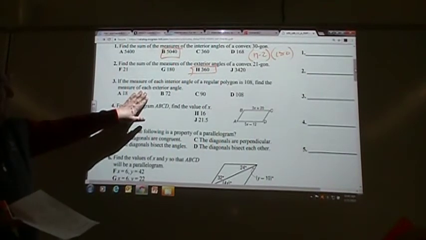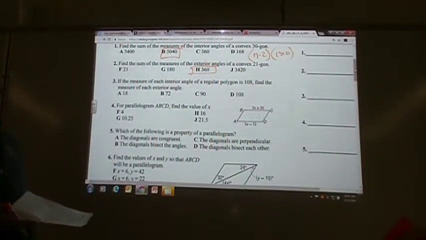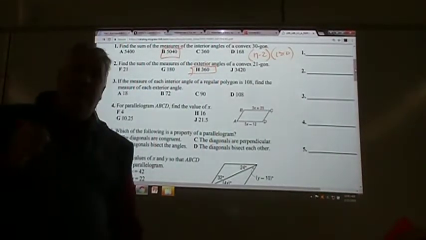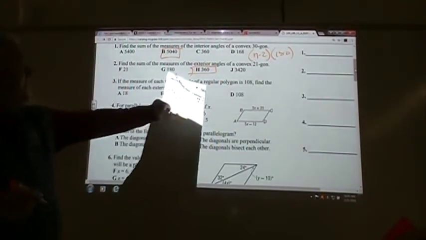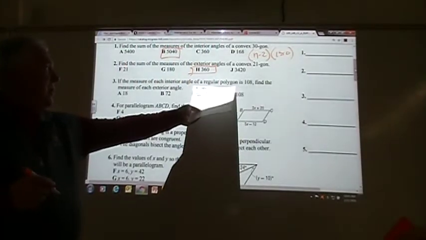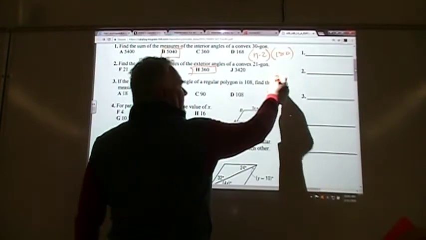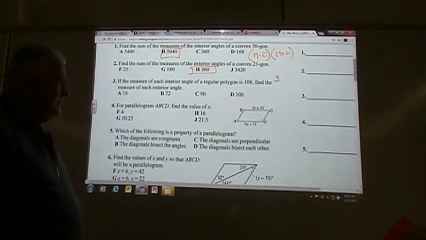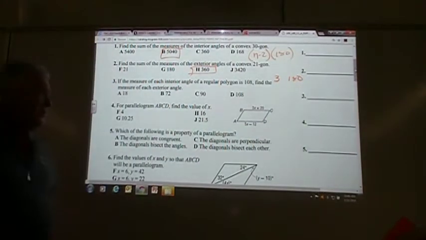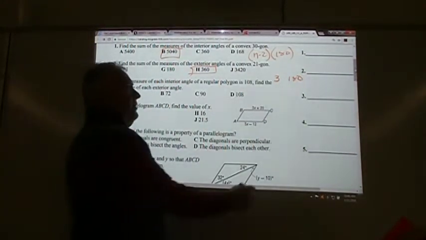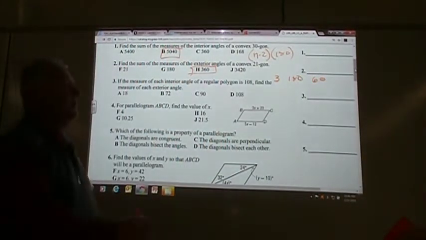Number three, if the measure of each interior angle of a regular polygon is 108, find the measure of each exterior angle. This one's a little bit more of a challenge. You've got to know what type of polygon, a regular polygon, has degrees of 108. A three-sided figure is a triangle. There's 180 degrees in a triangle, so if we had a regular triangle, there's 60 degrees at every angle.